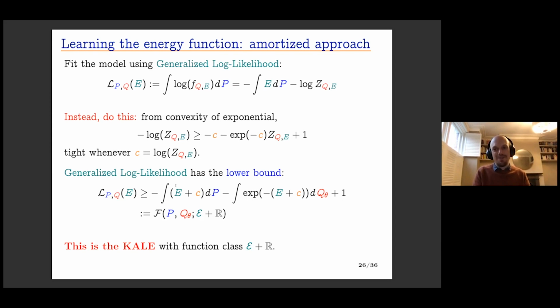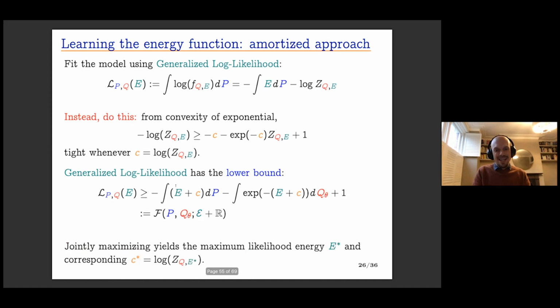The energy function is effectively the witness function of the critic when we use the KALE divergence. Questions about that before I go on? Okay. So indeed, jointly maximizing this gives the energy and the corresponding estimate of the log partition function.